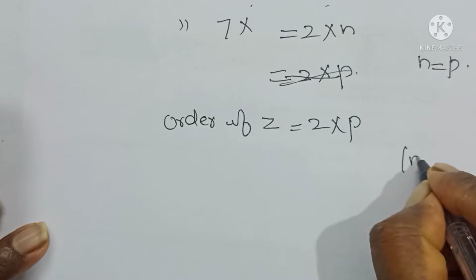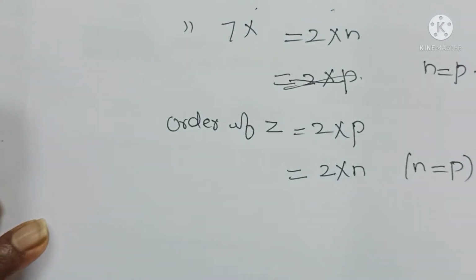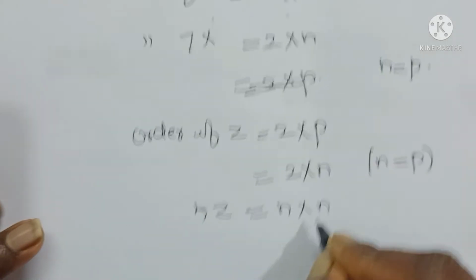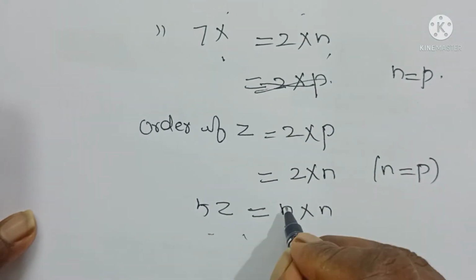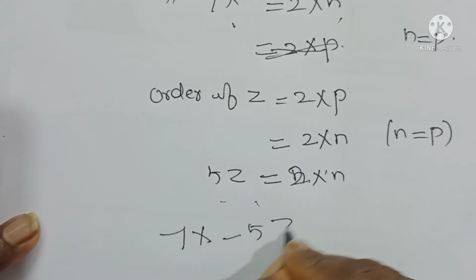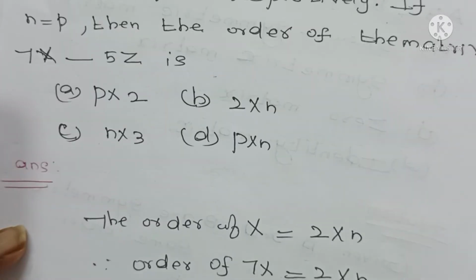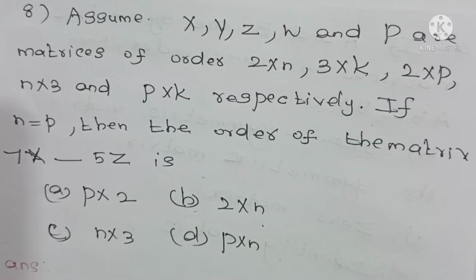But given n is equal to p, so it is 2 by n. So the order of 5z is again 2 by n. So what is the order of 7x minus 5z? 2 by n. So option B is the correct answer. I will show the question and answer. If you want, you can write.